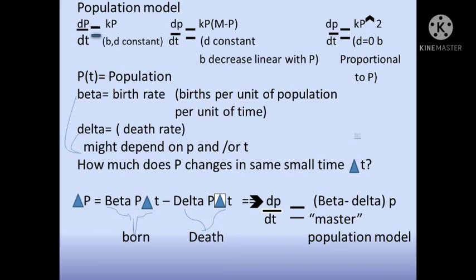So I will include it as what's called a harvesting rate. The harvesting does not depend on the population here. It's just some harvest rate h times the interval of time.